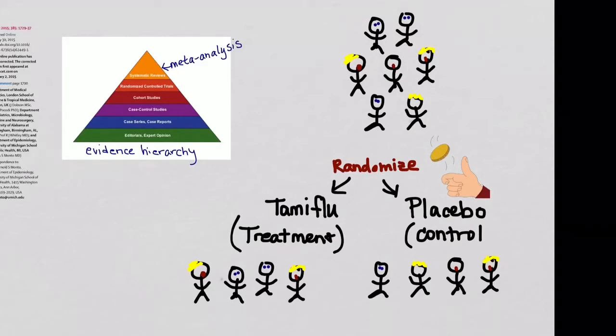So perhaps Tamiflu works better in people with blonde hair, and if you put all the people with blonde hair in one group, it would look like Tamiflu is better, but really it would be because of their blonde hair. So you want any other characteristics aside from the treatment to be equal across the groups. That's why randomization in a randomized controlled trial is the best study design.